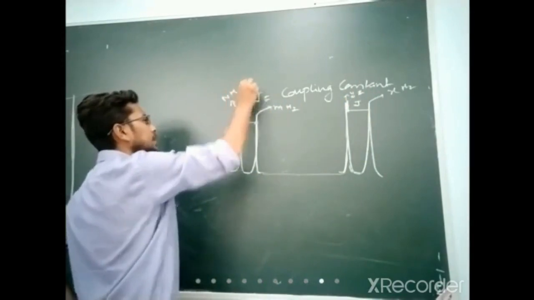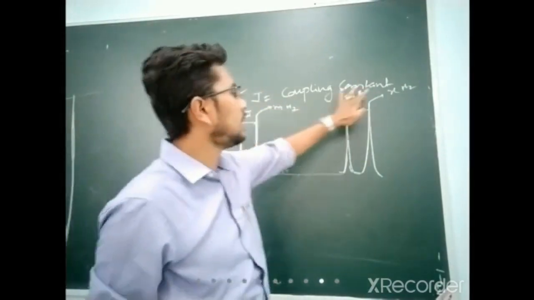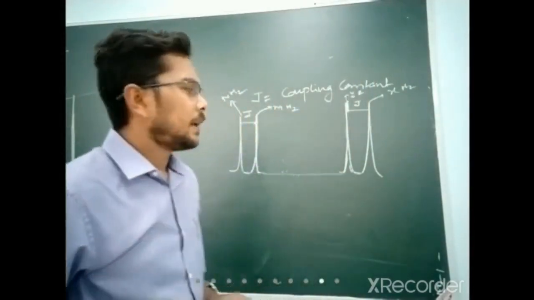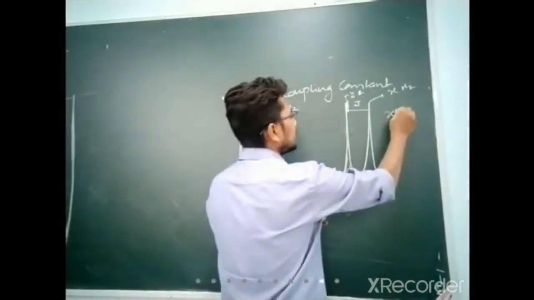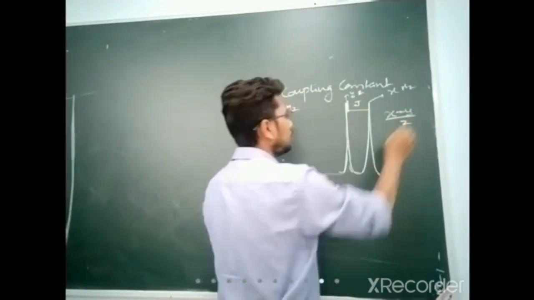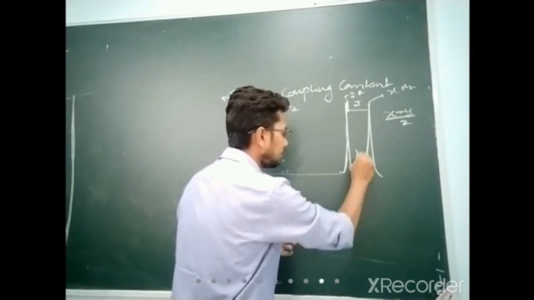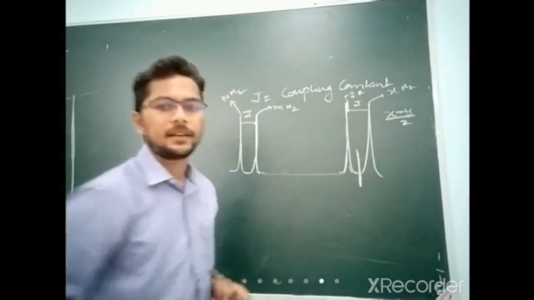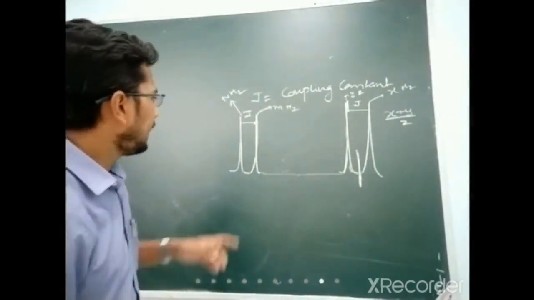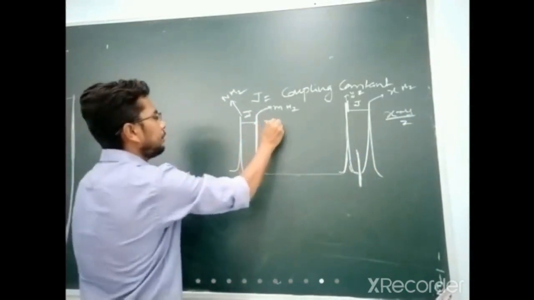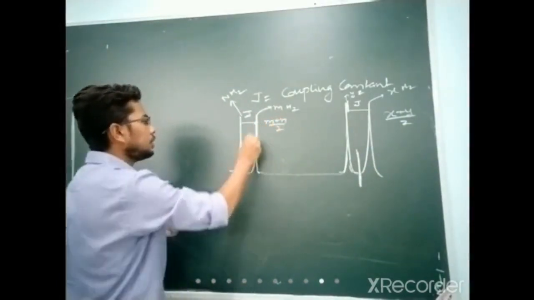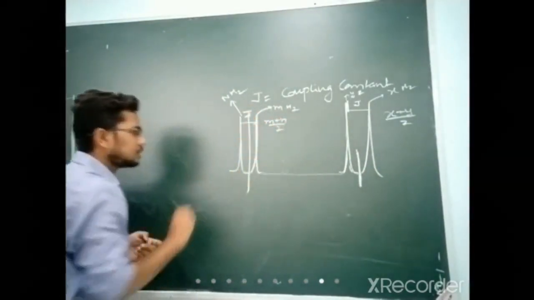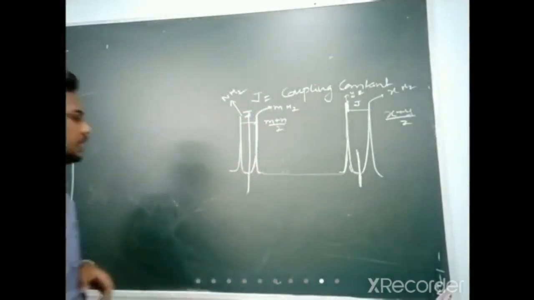So there will be some particular value for each of these peaks. Now if we take X plus Y divided by 2, then you will get the value of this center peak here. And if you do M plus N divided by 2, you get this particular peak here.